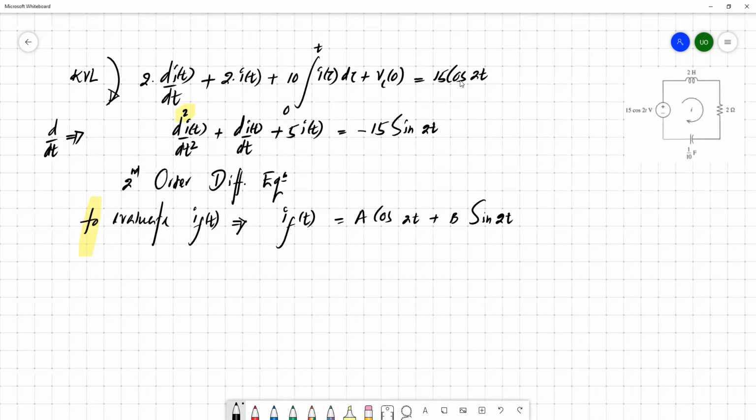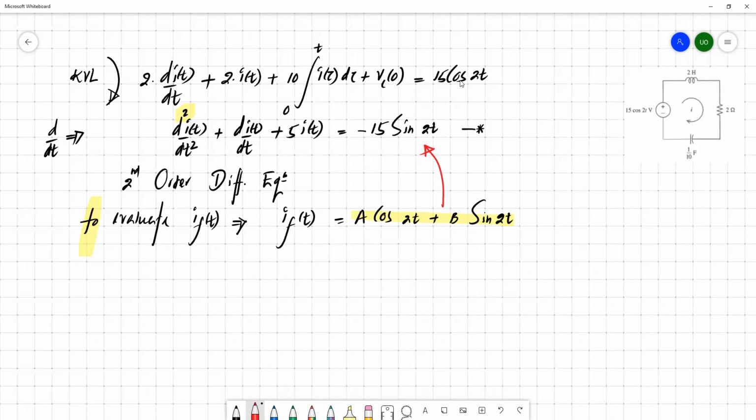If this is a trial solution for this particular differential equation, and you substitute it into the original differential equation, it is basically satisfied.